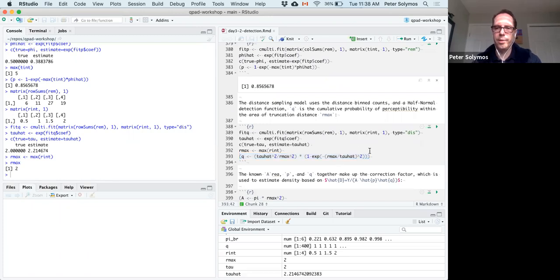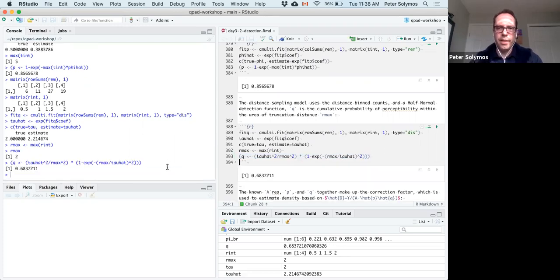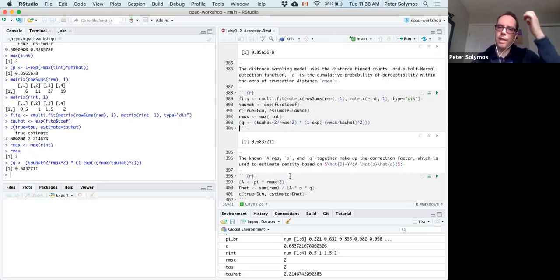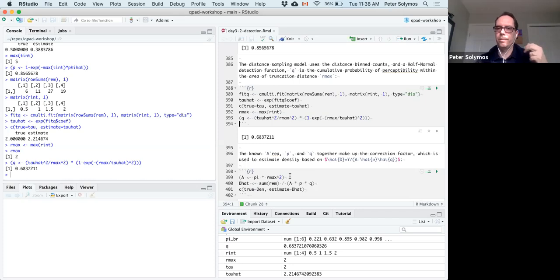So this is very similar to the distance function, but there is a scaling involved. So this is how we get Q, which is 0.68.